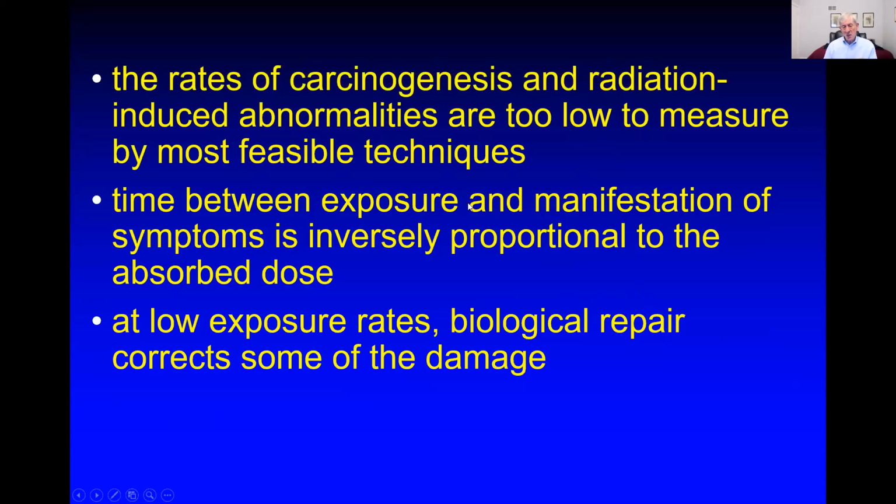The time between exposure and symptoms is inversely proportional to the dose. If you get a really high dose, you're going to have symptoms in a very short period of time. If you get a moderately high dose, it'll take longer. If you get a very small dose, they may never appear. Also, this third bulleted point here, this is what we base radionuclide therapy on. We want a low exposure rate.